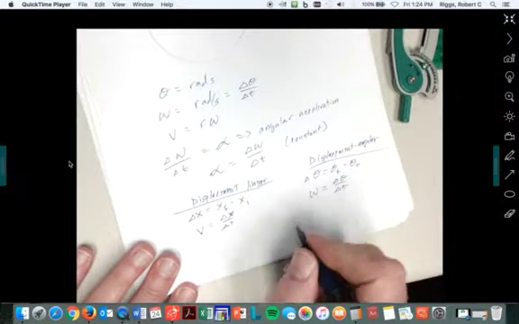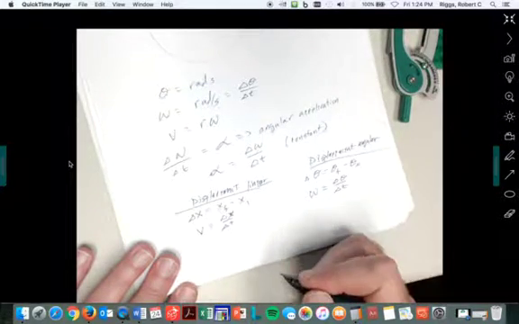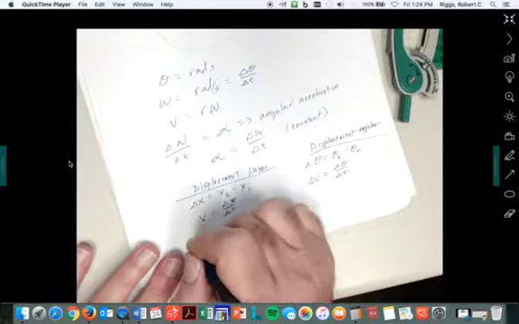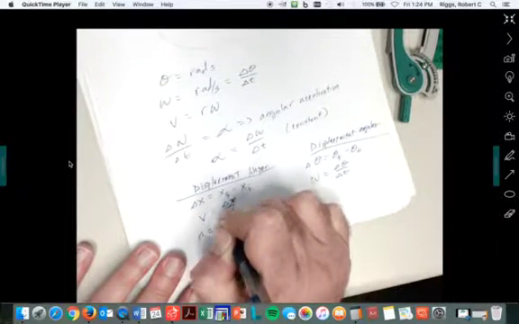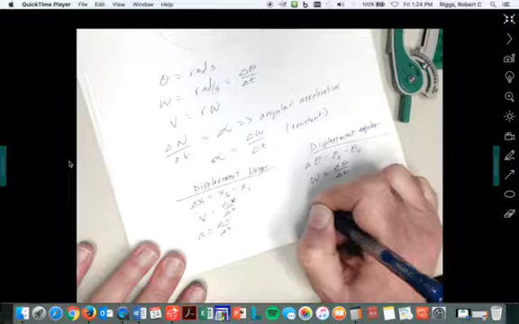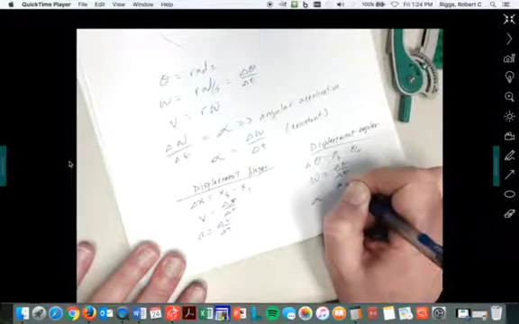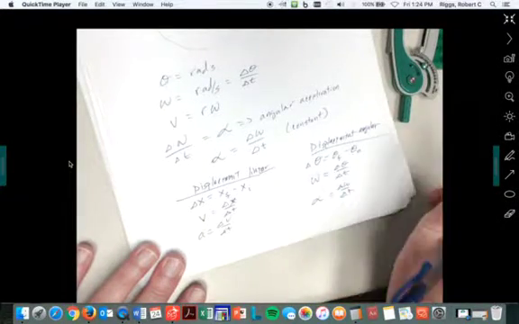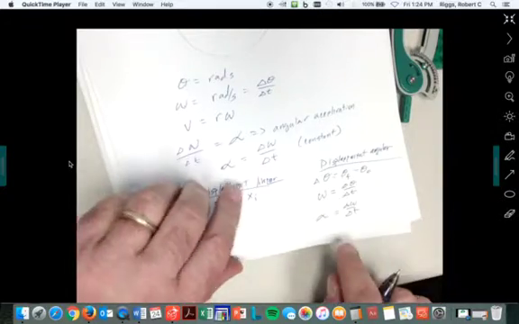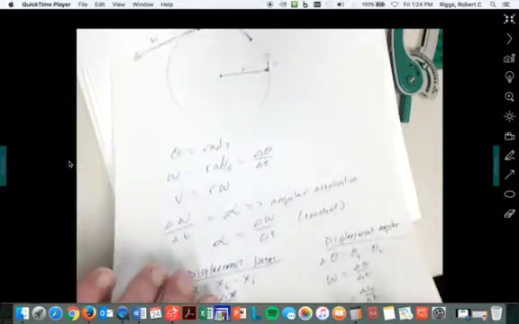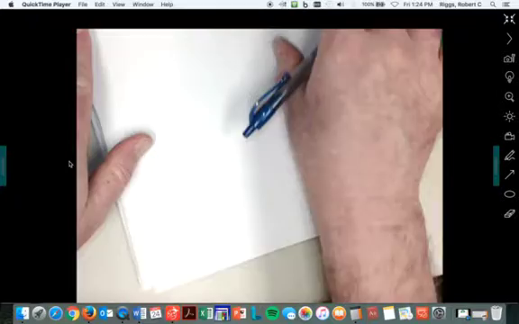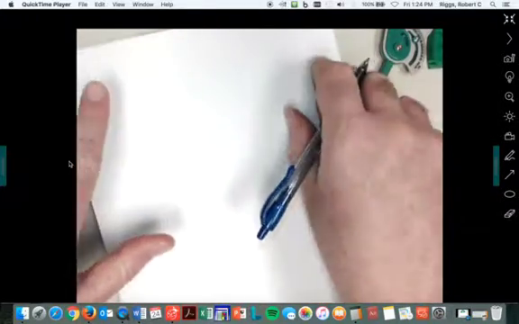This is the straight line velocity, and this is the angular speed. And we know that the acceleration is the change in velocity over the change in time, and the angular acceleration is equal to the change in omega over the change in time. So everything stays consistent. We're just going around in a circle. And we also learned that v equals r times omega.